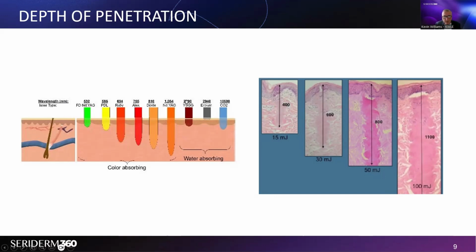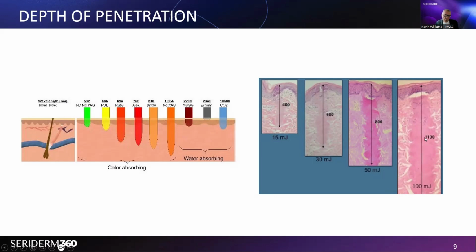The important thing with water absorbing wavelengths is that we control the depth by the amount of energy we use. And this will be relevant to any water absorbing wavelength. This example was based on a 1565 nanometer non-ablative water absorbing laser. 15 millijoules is going to go to 400 microns, but 100 millijoules will go to 1100.